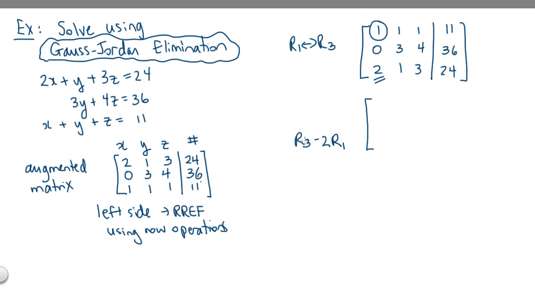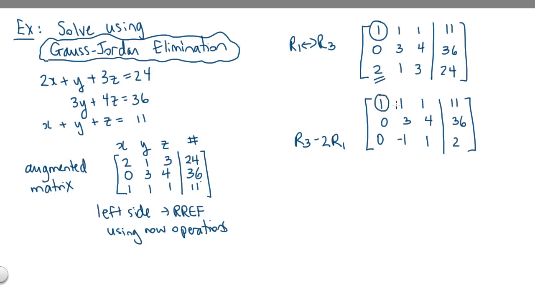So doing row 3 minus 2 row 1, we're going to get 0, negative 1, 1, and over on the right side, 24 minus 22 will give us 2. Our top 2 rows will not be changing, so we'll just recopy those. And that's our first column all sorted out.